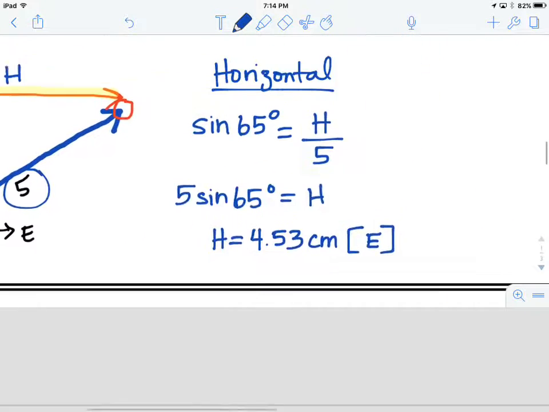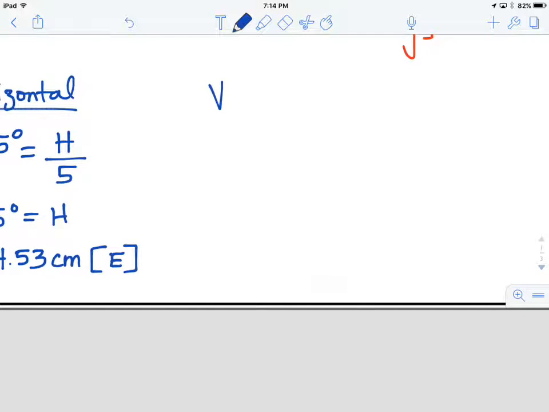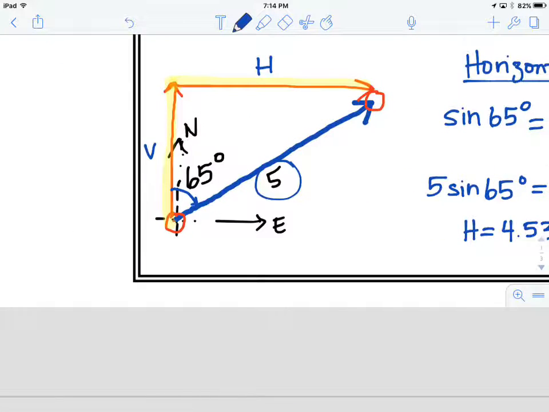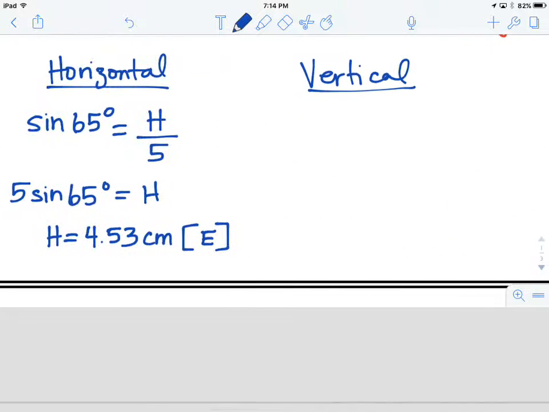All right, now the vertical component you could probably do on your own, but let's go through it together. When we look at this vertical component, this side of the triangle is the adjacent side. So if we use adjacent over hypotenuse, I have cosine. The cosine of 65 degrees is equal to the adjacent, which we called vertical, over 5, which is the hypotenuse.